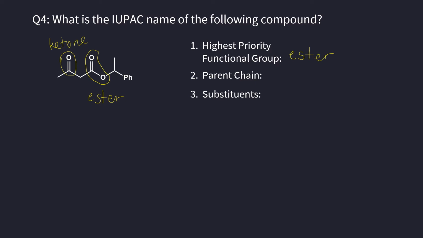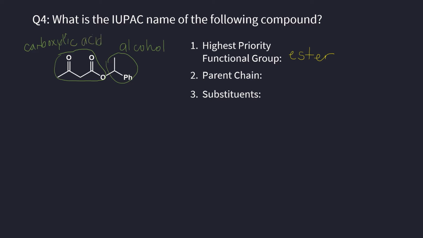To name an ester, we must name the chain attached to the oxygen separately from this chain which contains the carbonyl group of the ester. This is because this part of the chain is derived from an alcohol and this part from a carboxylic acid.